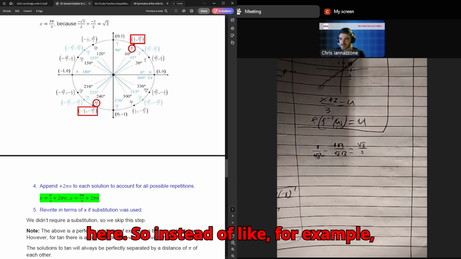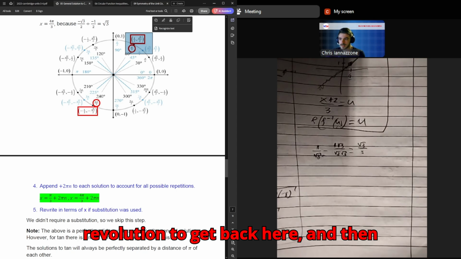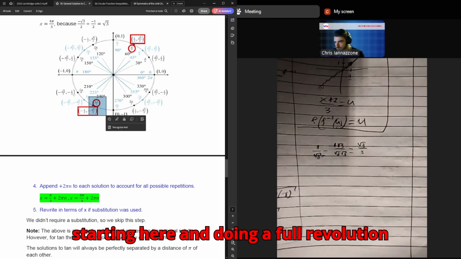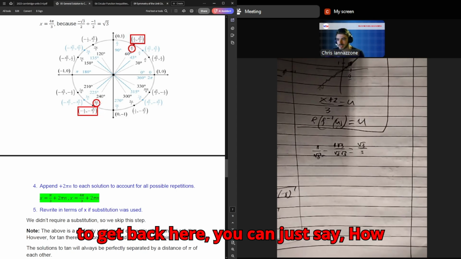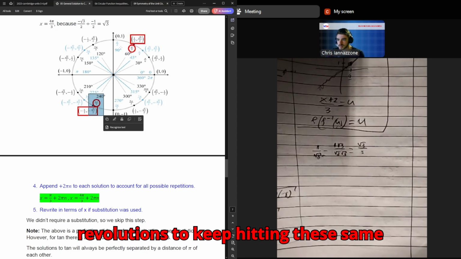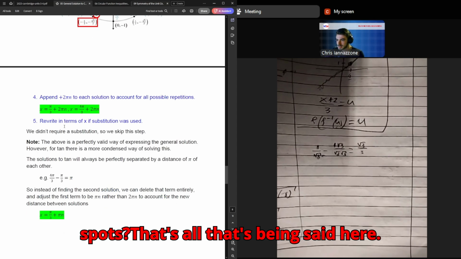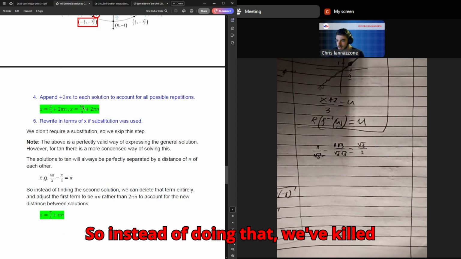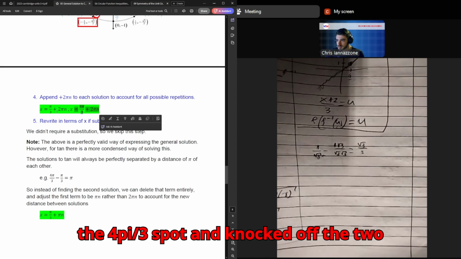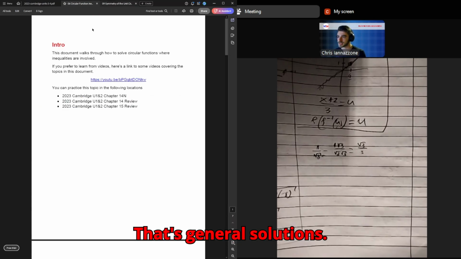So instead of, for example, starting here and then doing a full revolution to get back here, and then starting here, doing a full revolution to get back here, you can just say, how about I just start here and do half revolutions to keep hitting these same spots. That's all that's being said here. So instead of doing that, we've killed the 4 pi over 3 spot and knocked off the 2 here to give us x equals pi over 3 plus pi n. That's general solutions.